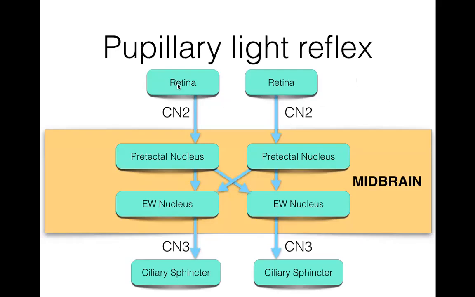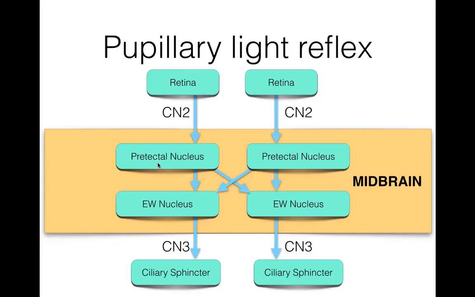This is another diagram that shows you the pupillary light reflex. So there are two types. The first is the direct pupillary light reflex. And then, of course, it is tightly linked to the consensual light reflex. So let's say we're trying to shine light into the left retina. As we have discussed earlier, the information within the retina is transmitted as a nerve impulse by cranial nerve number 2.